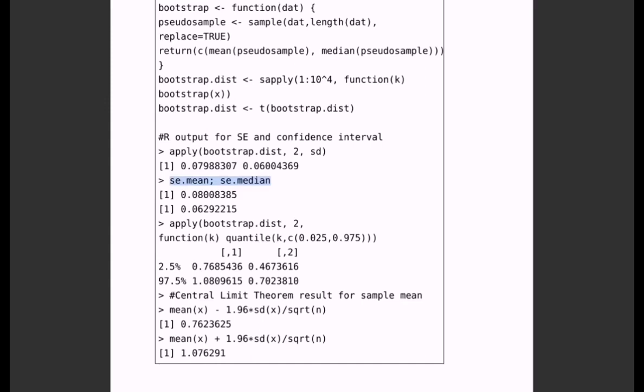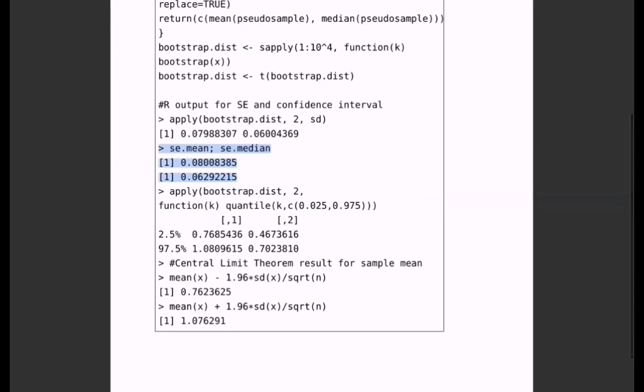So for the sample mean it is 0.08, for the sample median 0.06. It's extremely close. This tells you that the bootstrapping actually works. In fact, if you didn't know this result, you could just use the results from bootstrapping and it would have worked as well, giving something almost the same as from theory.